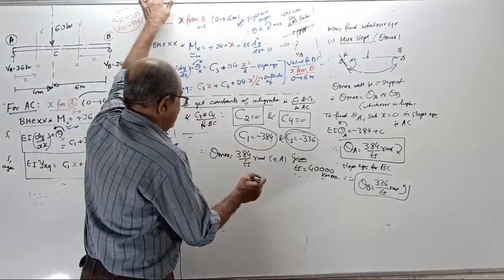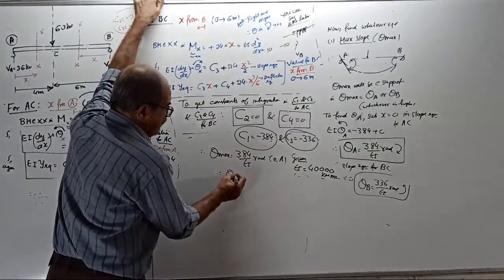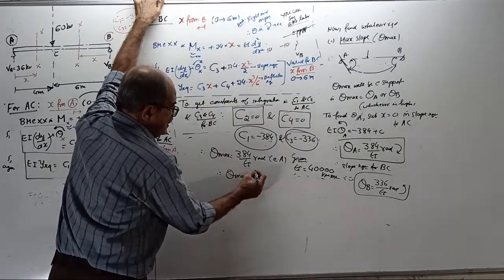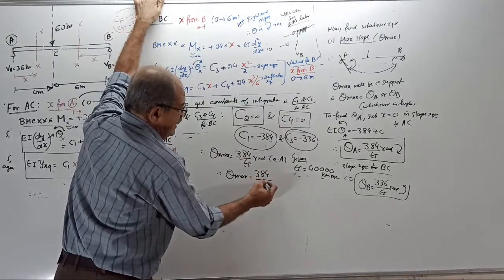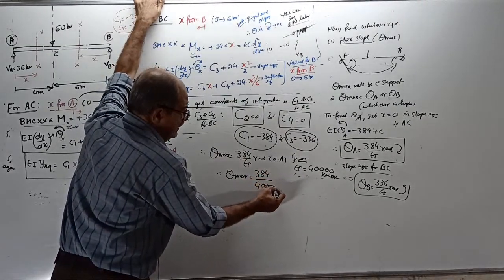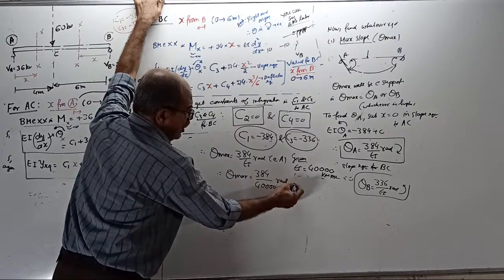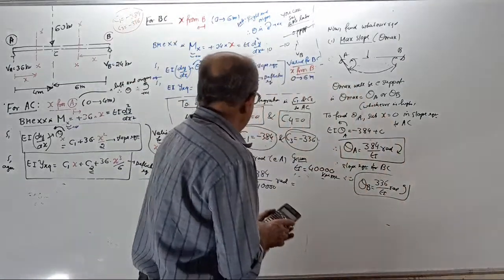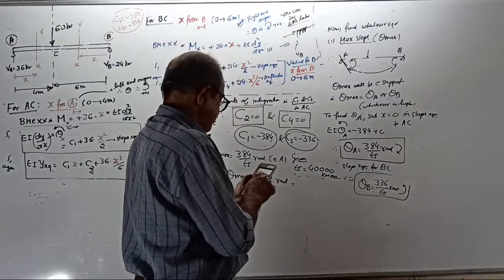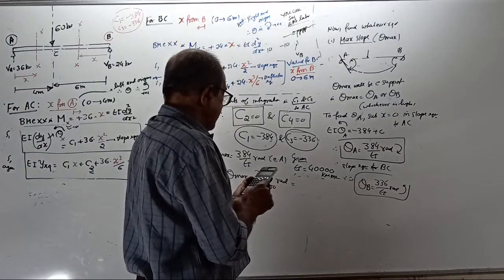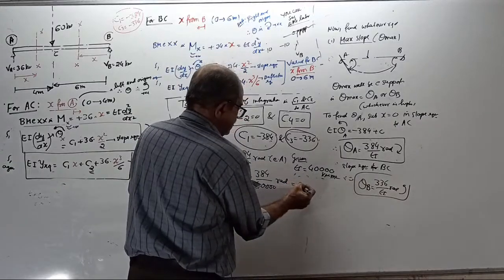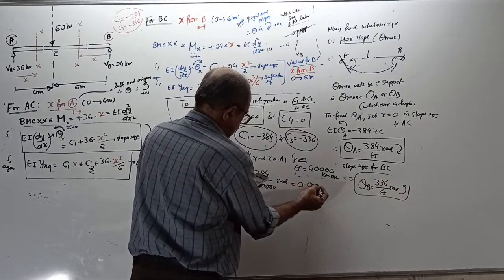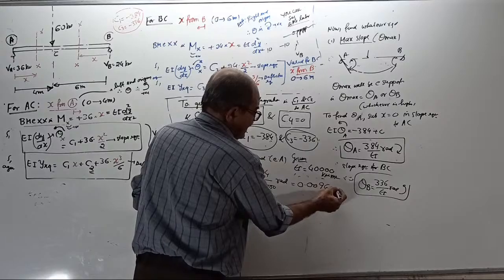So directly, your theta max equals how much? 384 by 40,000 radian. Very small. 384 by 40,000 radians is 0.0096 radian.